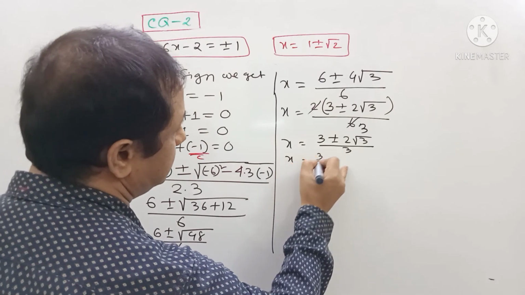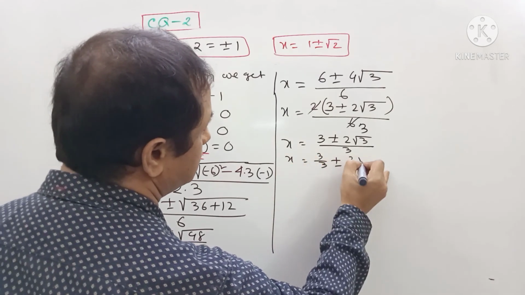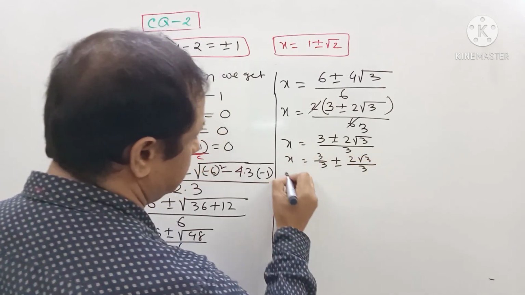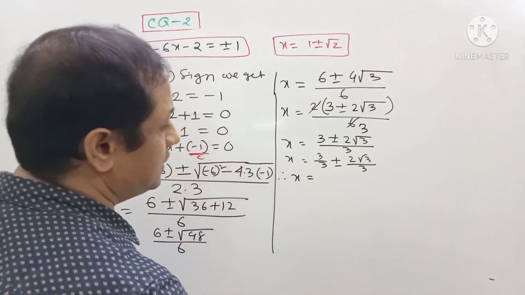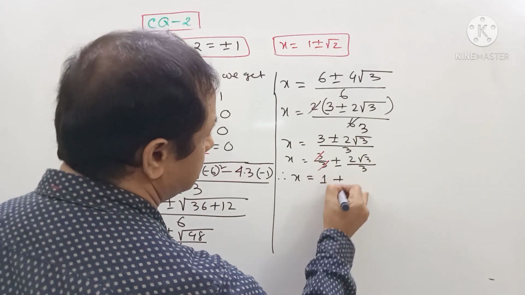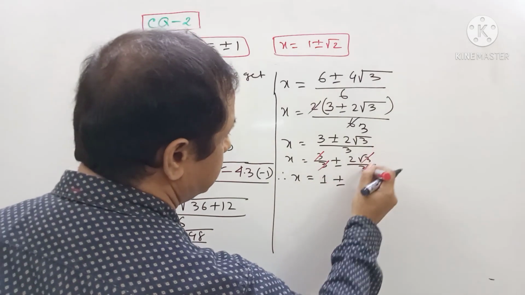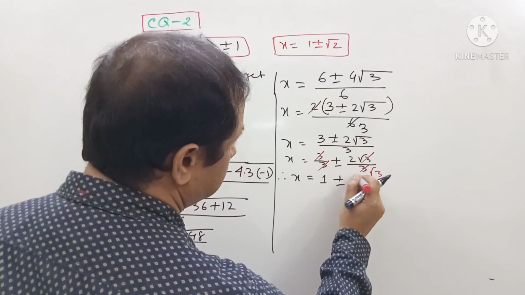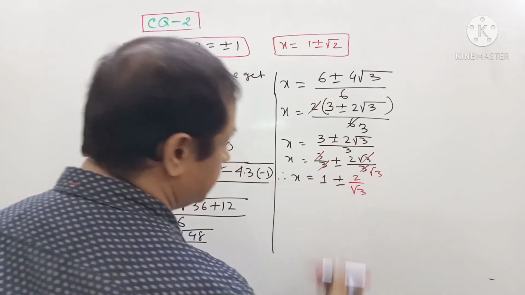Then we have 3 by 3 plus minus 2 root over 3 by 3. Then we can write x equals 1, 3 cancels, so 1, plus minus 2 by root 3.